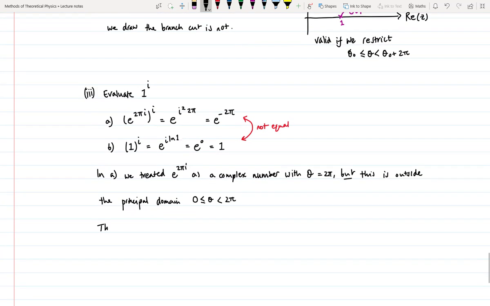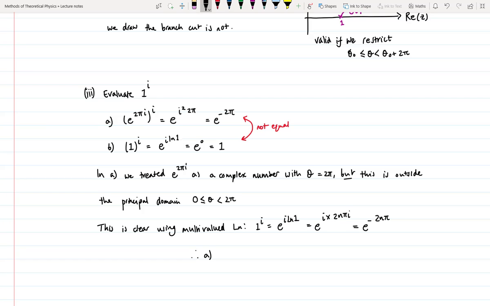This is particularly clear using the multivalued logarithm in part B. We would have that 1 to the power of i is e to the i multivalued logarithm of 1, which gives us e to the i times 2n pi i, e to the minus 2n pi.